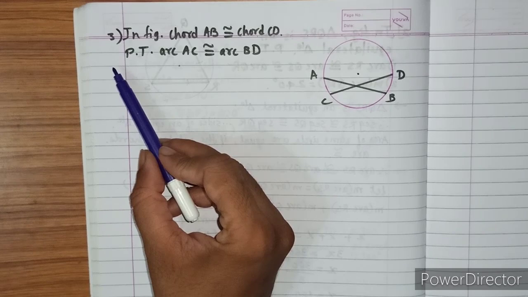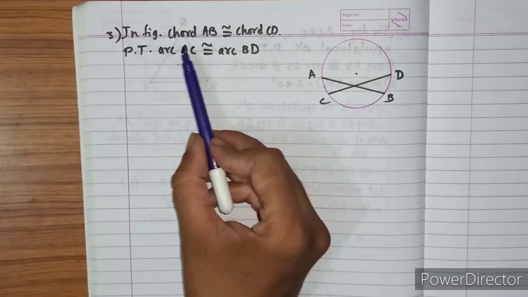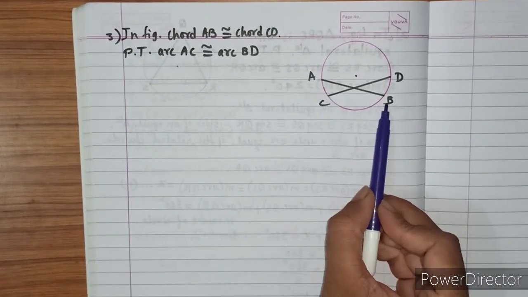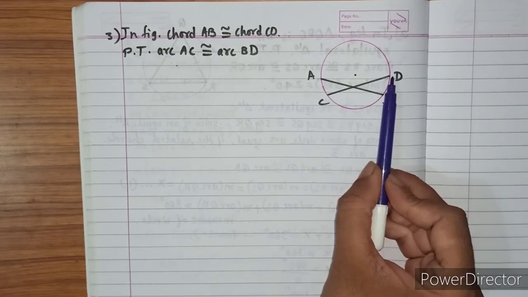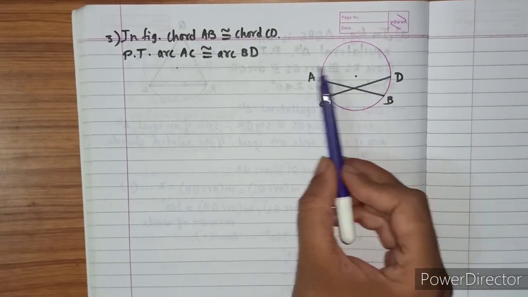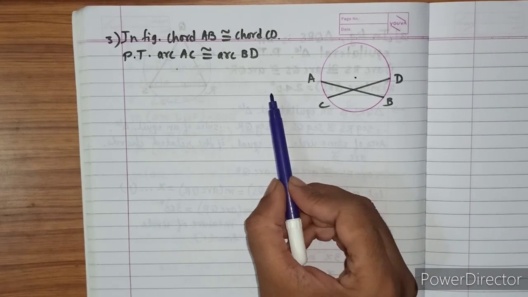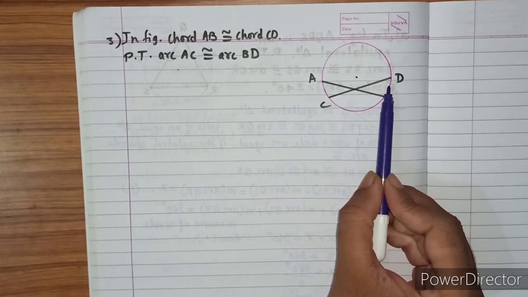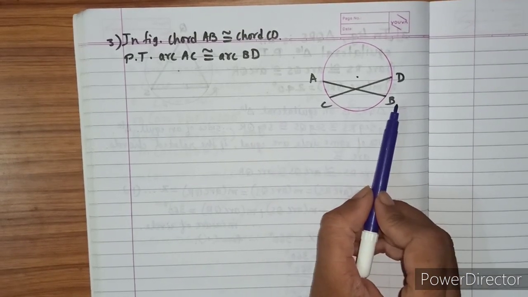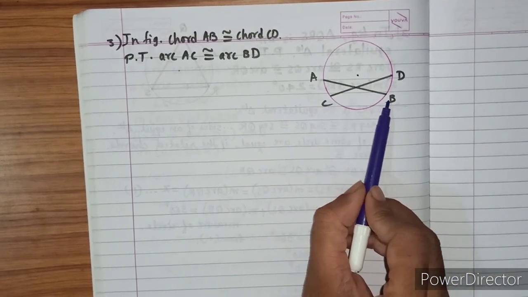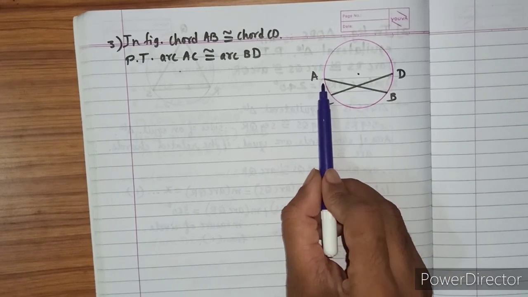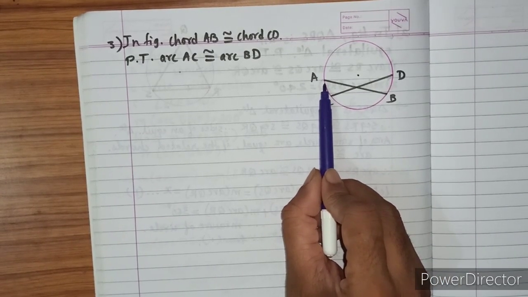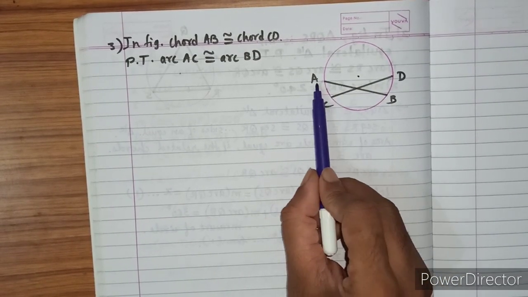This is the third example. In the figure, chord AB is congruent to chord CD. These two are congruent chords. Prove that arc AC is congruent to arc BD. Very easy example. See, these are congruent chords. And what is the arc formed because of this chord?